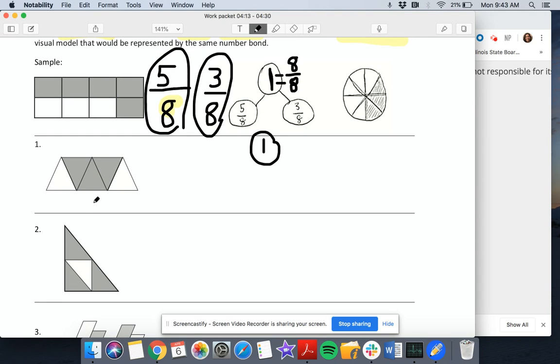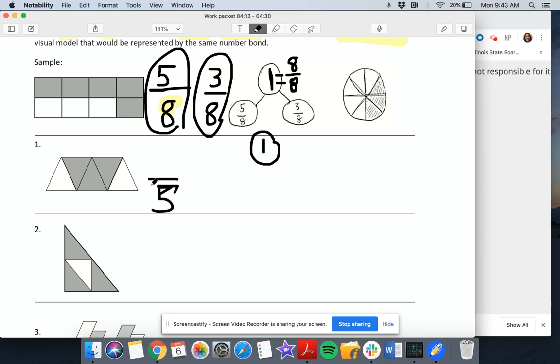Okay, so first things first, let's count the number of triangles in this figure. 1, 2, 3, 4, 5. So we know that our denominator, our number on the bottom, will be 5. Okay?